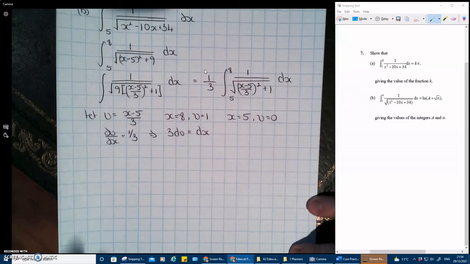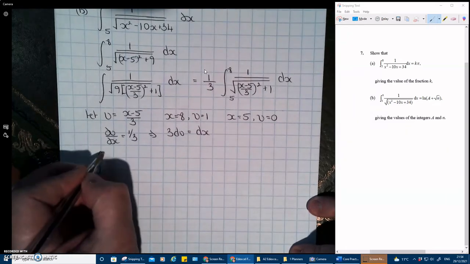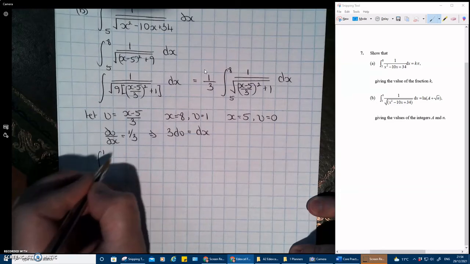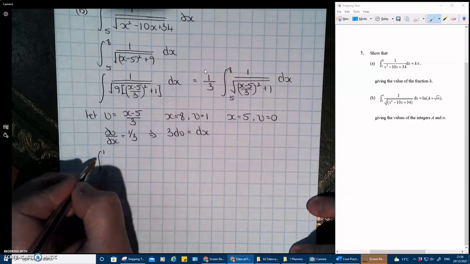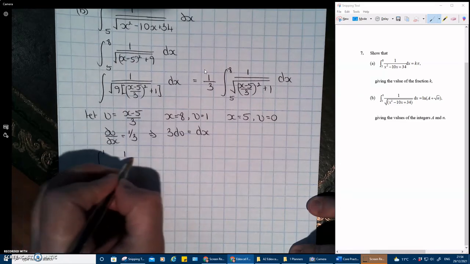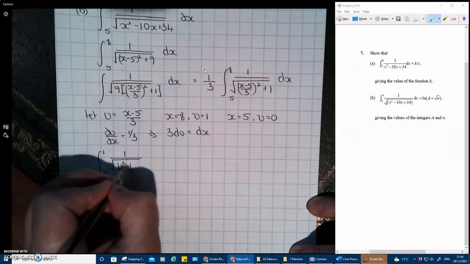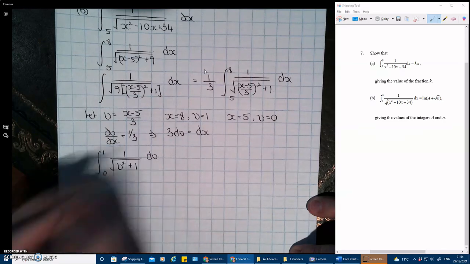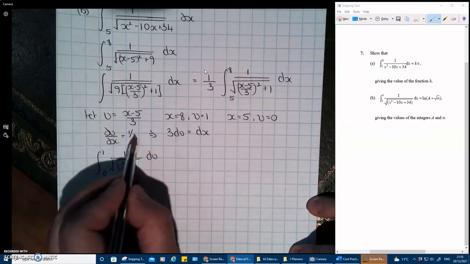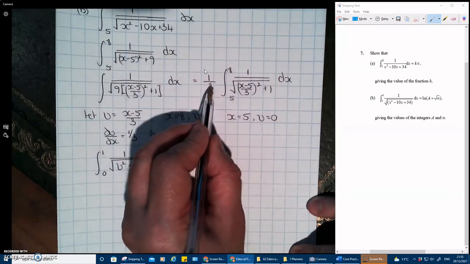Okay, now plug those back in again. I'm going to get the integral between 1 and 0 of 1 over root u squared plus 1 du. Now remember, I had a third at the front and I've got a 3 du, so this 3 here and this third here will cancel.